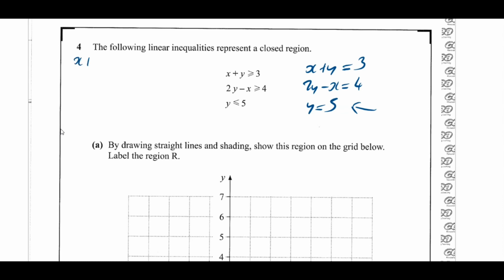So we had x plus y equals 3. To do that, put x equal to 0, then y has to be 3. Also put y equal to 0, and the x value has to be 3.